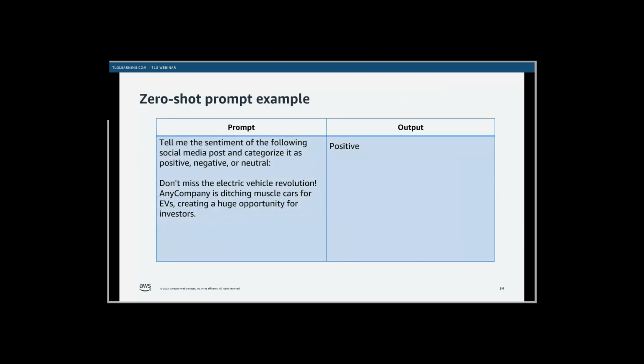Here's the zero shot prompt example. We're asking the AI, tell me the sentiment of the following social media post, categorize it as positive, negative, or neutral, and then we provide the inputs. And the resulting output is just the AI telling me that, based on this input, this looks like a positive sentiment.